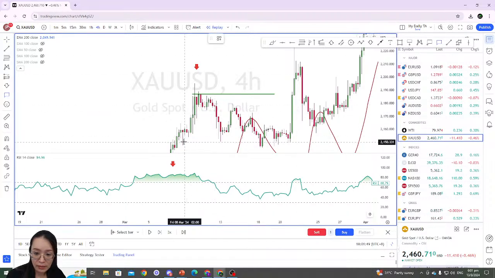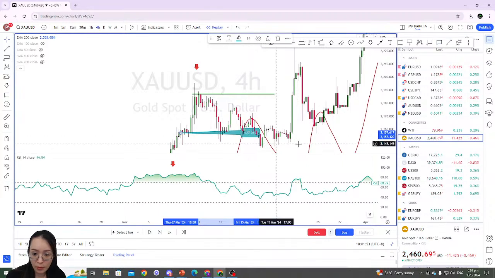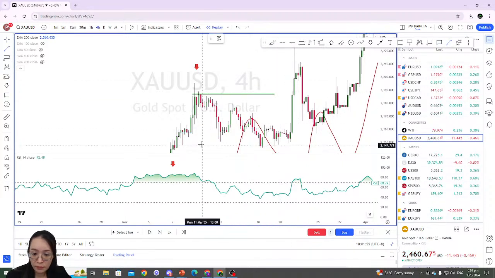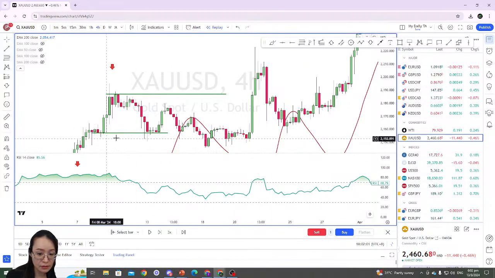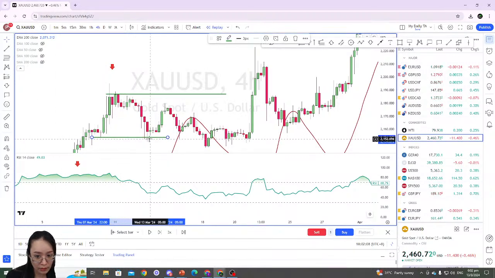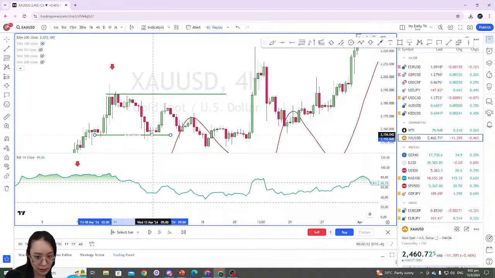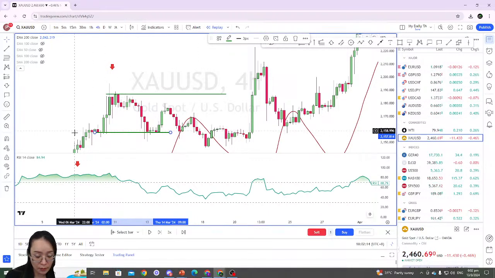And at least my TP is at this body, the body on the left, which is here. You can see that I refer to my left, the body of the candle, not the wick. Even if you put it here, you will get a TP, but not 99.99%. Most of the time I just put it at the body.